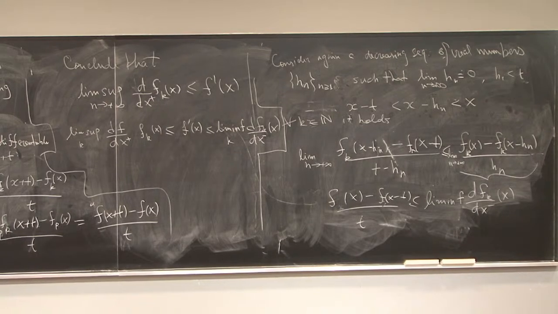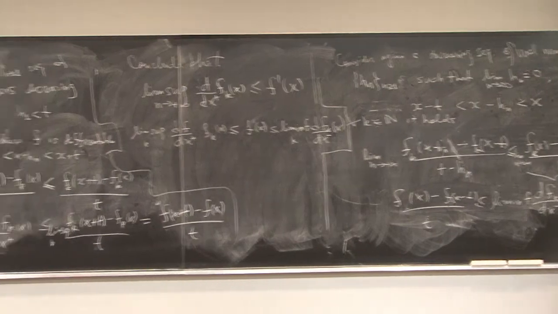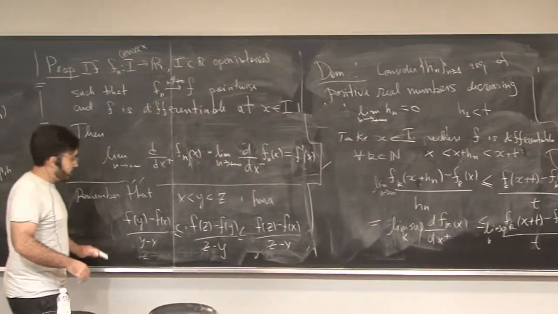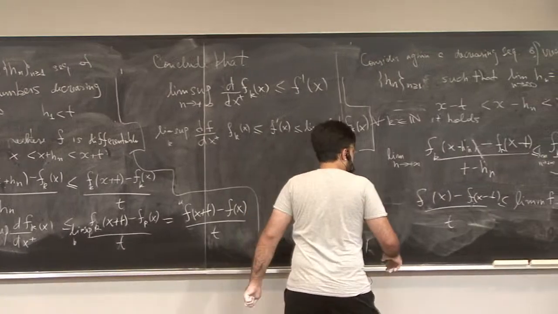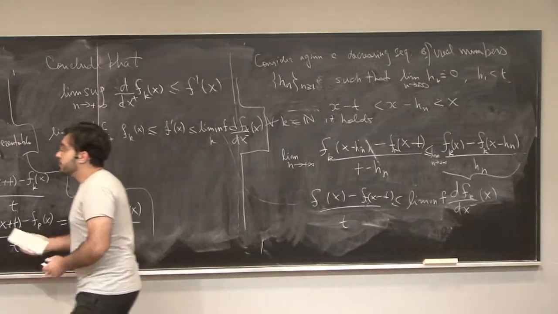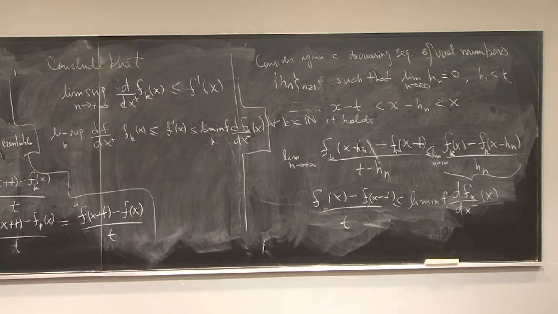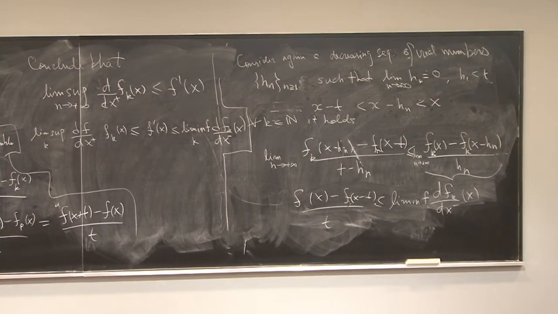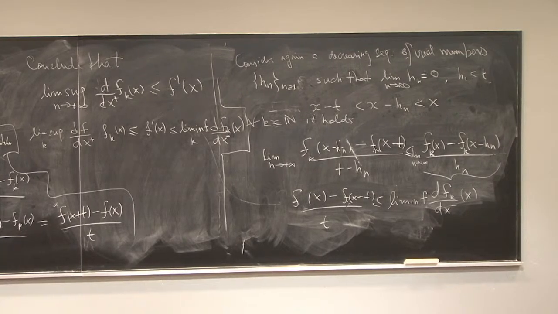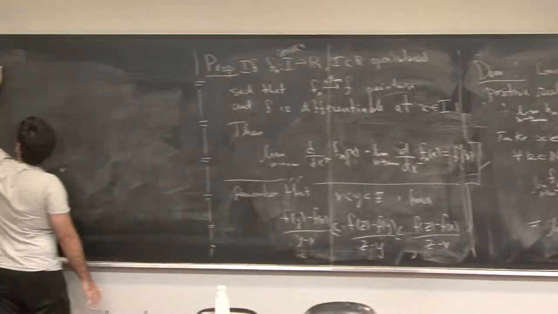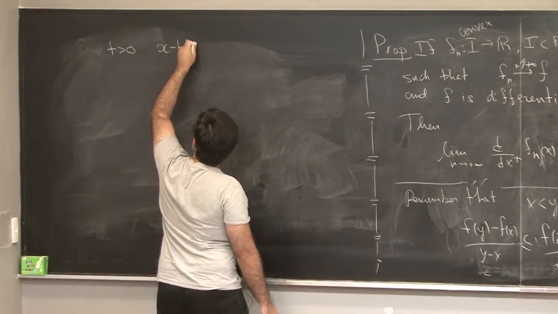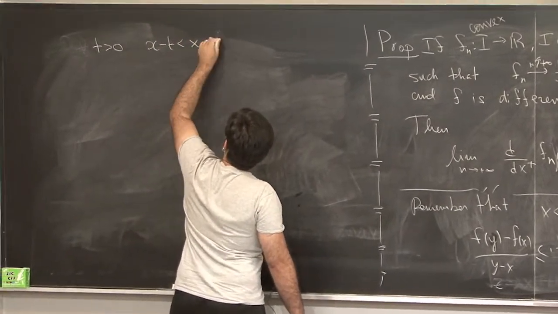We need one last result that again will use this property right here. So we get that, I just did this, so I will go to the other way, to this way right here. Okay. So for x you consider t positive, such that x minus t is less than x plus t.